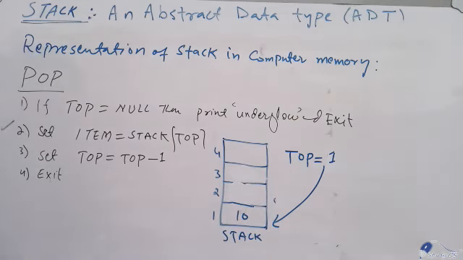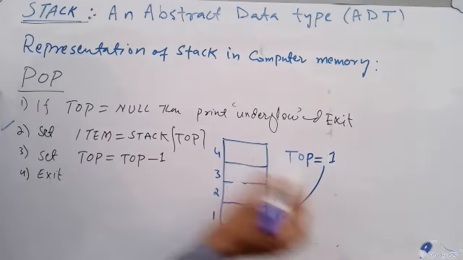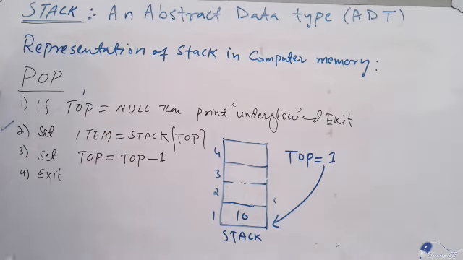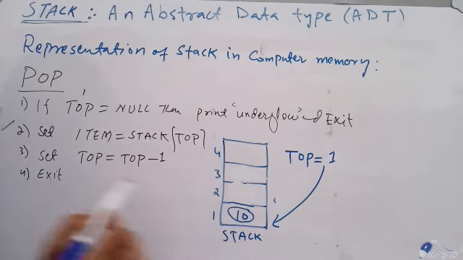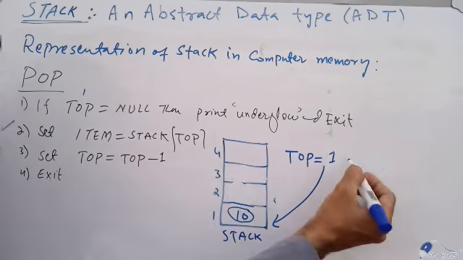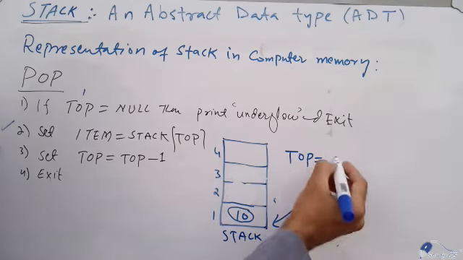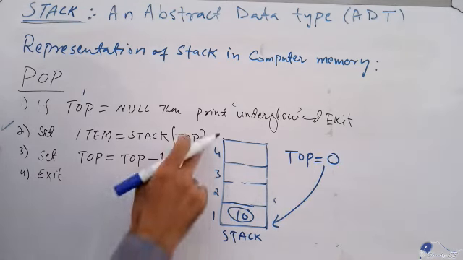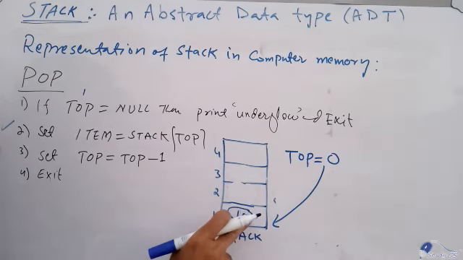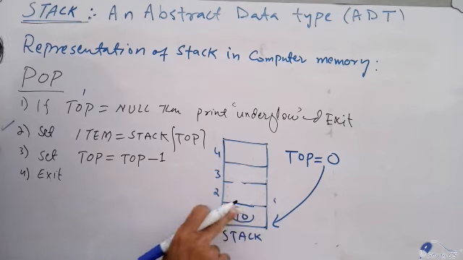Similarly, suppose once again we run this operation. Is top equal to null? No, top is not equal to null because top is 1. So set item to stack top, then select the top element of the stack and set top is equal to top minus 1, 1 minus 1, 0. It will become 0. As you can see here, we don't have an index labeled as 0.